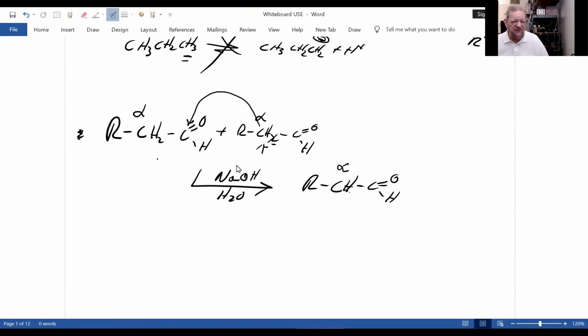Now, this shows you that this will attack and bond to the other carbonyl carbon and open it up, and it opens up to an alcohol. And what's attached to the second carbon, which I'll use 2 dots, will still be attached to it.